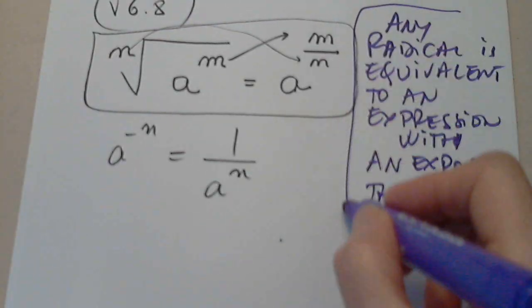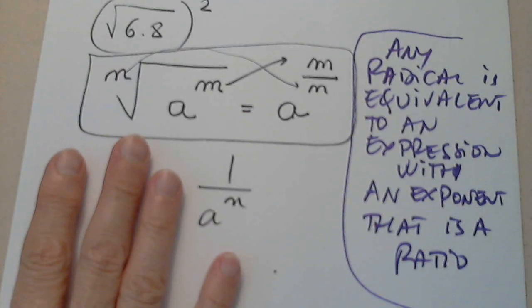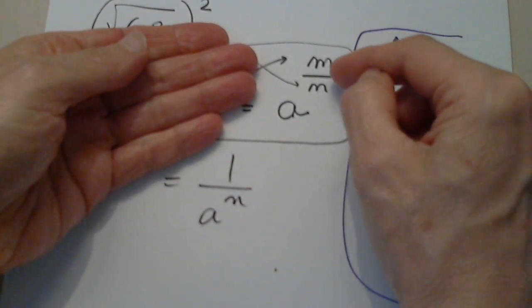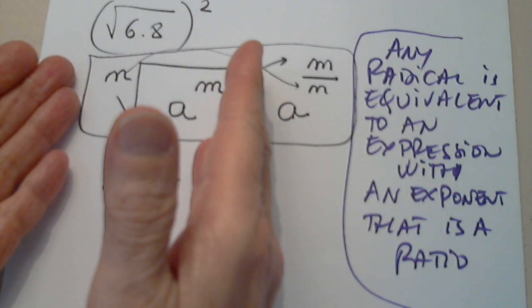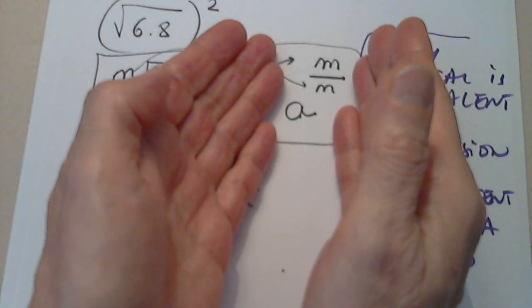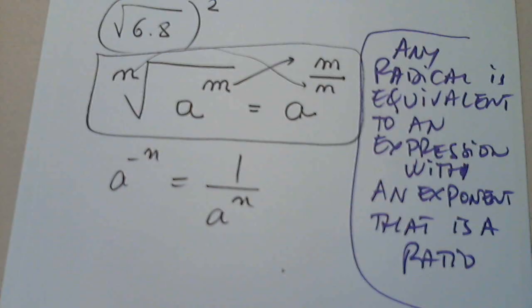Very super important. So here's what I'm telling you. If I see an expression with a power that is a fraction, I know it's a radical. If I see a radical, I know it can be converted into an exponential notation with a power that is a fraction.